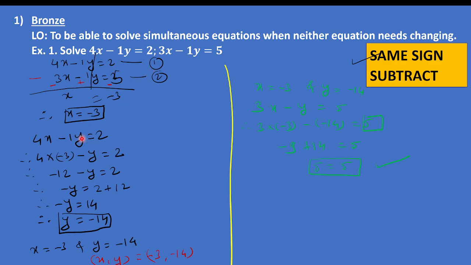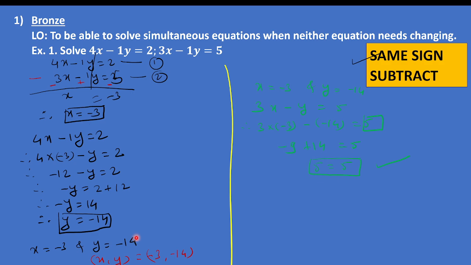Here I use equation number 1, which is 4x minus 1y equals 2. In that equation, I replace x by minus 3, and after I calculate it, I'm getting the answer y equals minus 14. Now this is the answer. In the exam, for full marks, you are supposed to write this much.